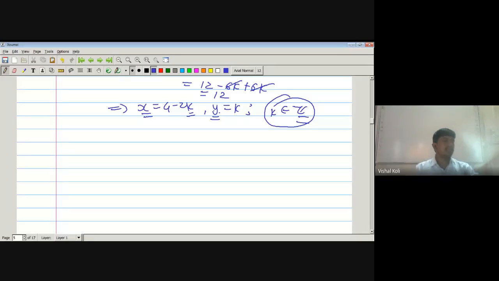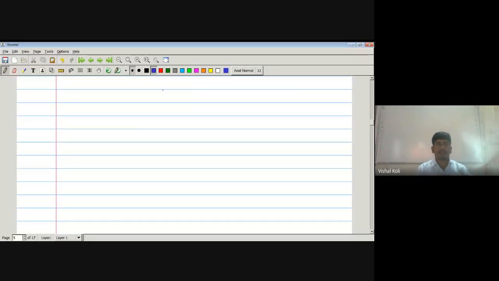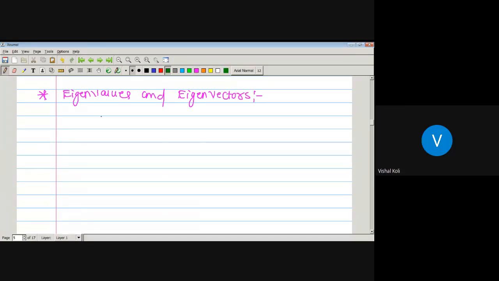Then we will see the next concept, which is eigenvalues and eigenvectors of a matrix. See its definition.